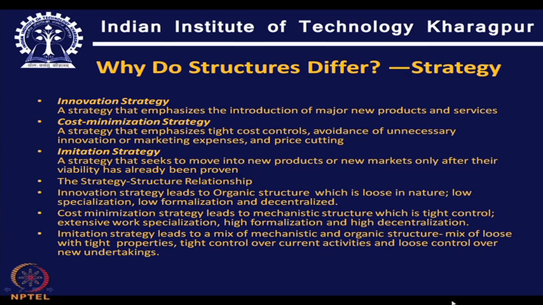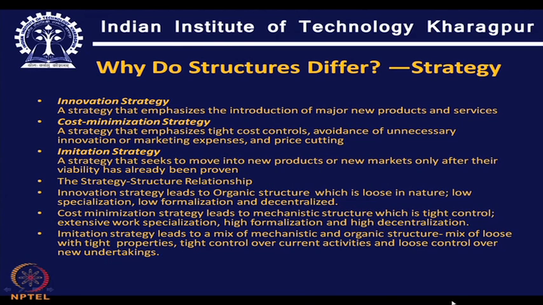Because the organic nature of the organization supports innovation and creativity. It gives spans for people to interact and communicate with each other. So, when you are talking of innovation strategy, organic structure is the answer to it. If it is a mechanistic organization, innovation is not possible, as it is not supported by that type of organizational structure.